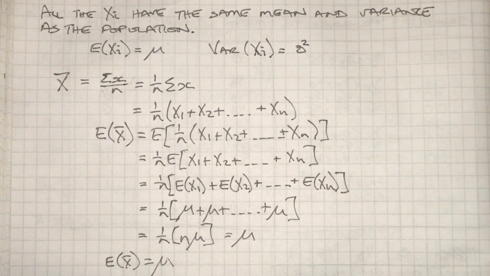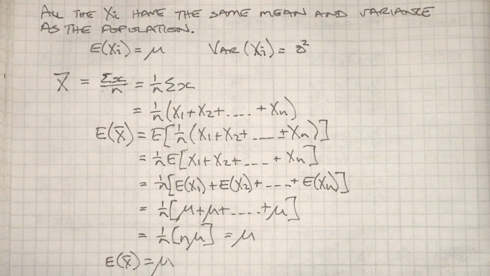So the expectation of x bar equals mu, and this tells us that x bar is actually a good estimator of mu. We've done the algebra, we've done our manipulation, and we ended up with exactly the population parameter we were trying to estimate.